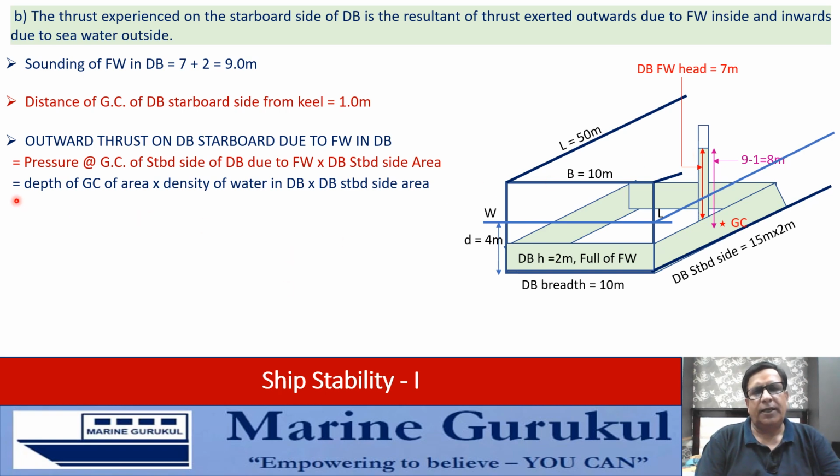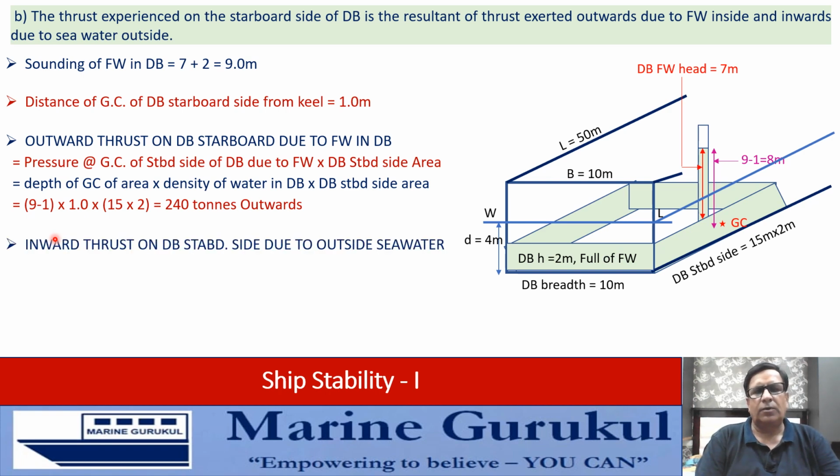And 9 minus 1 basically becomes the height of the liquid surface or the depth of the GC below the liquid surface. Density of the tank content is 1. Why? Because it's fresh water. And the area of the starboard side is 15 into 2. That gives us outward thrust of 240 tons acting on the starboard side of the DB because of fresh water to a head of 7 meters.